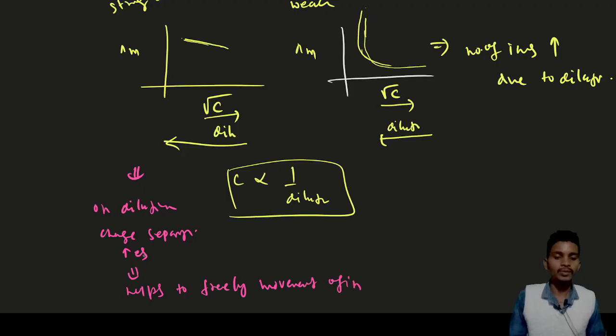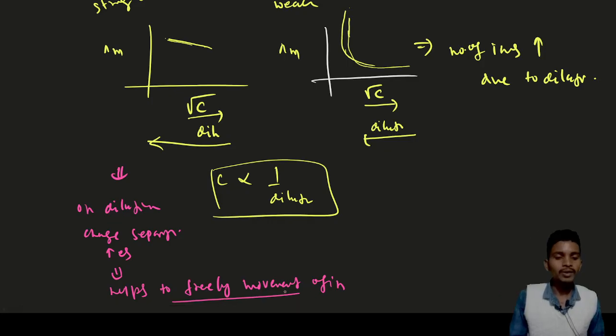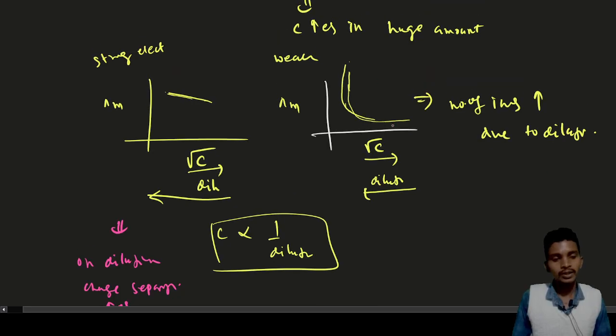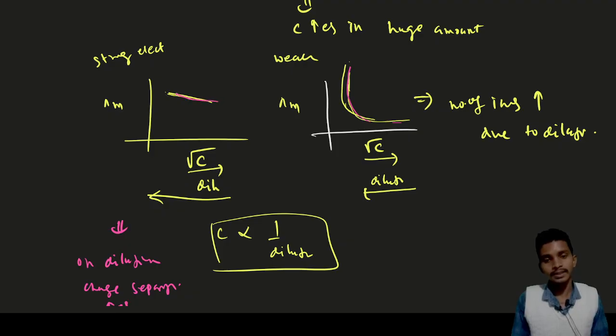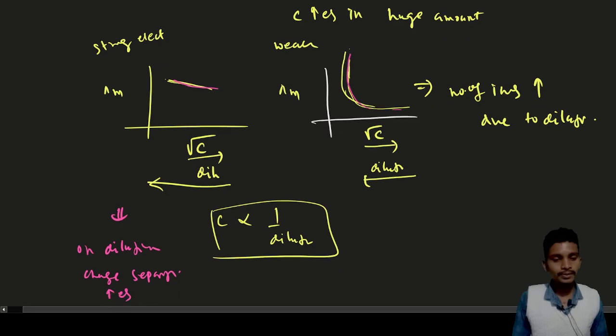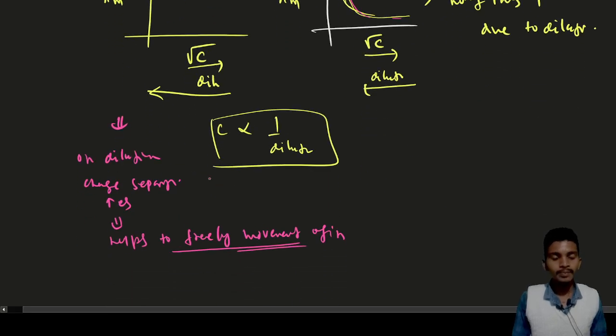So dilution here helps the free movement of ions, and here dilution helps to increase the number of ions. So for weak electrolytes, it increases by a huge amount on dilution, but for strong electrolytes it increases partially, because here also it helps in free movement.